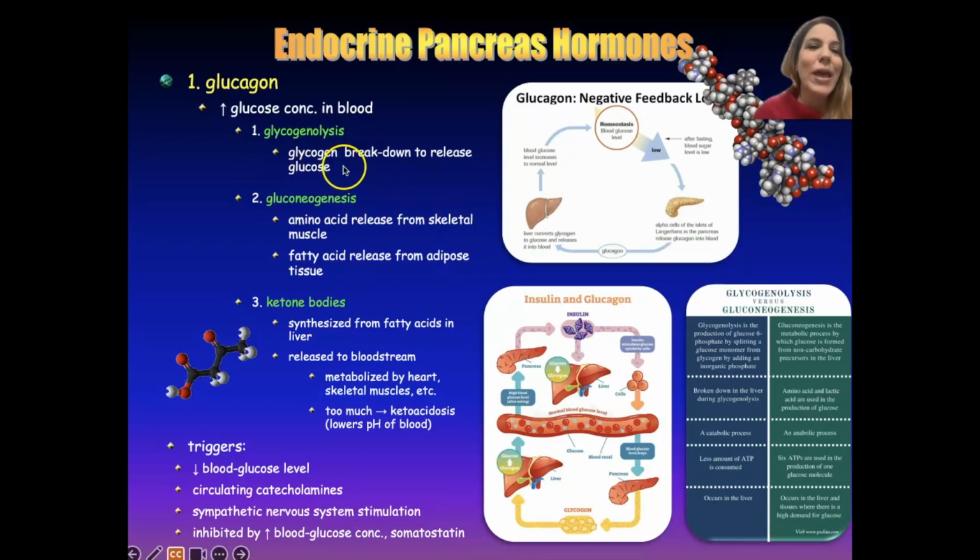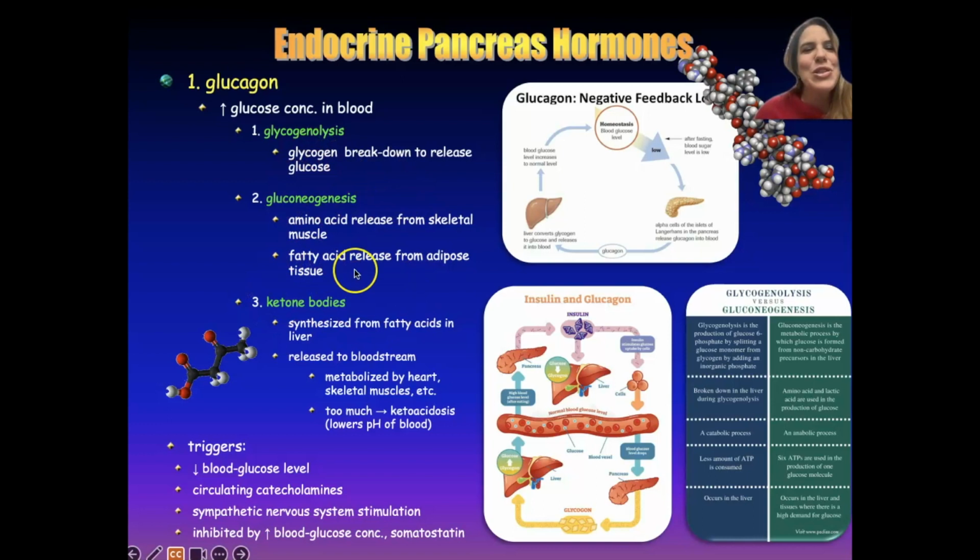It's going to say, okay, liver, break down that glycogen so that we can release those glucose molecules as monosaccharides into the blood so that we can increase that blood glucose concentration. So glycogenolysis, that's where glucagon tells the liver to break down glycogen and release the glucose that was making it up into the blood.